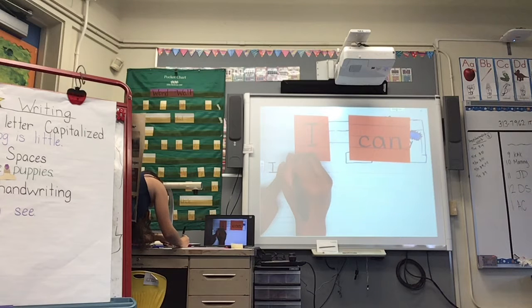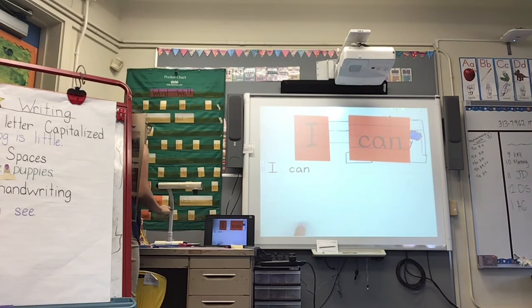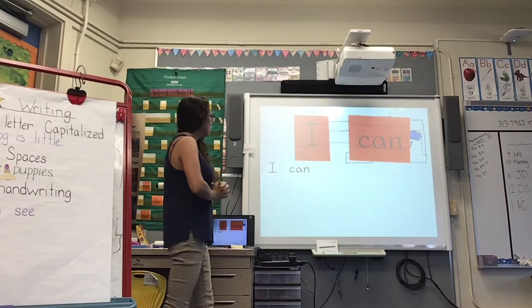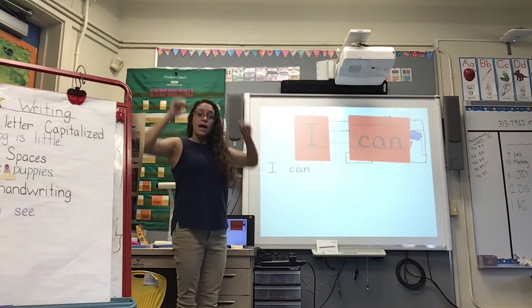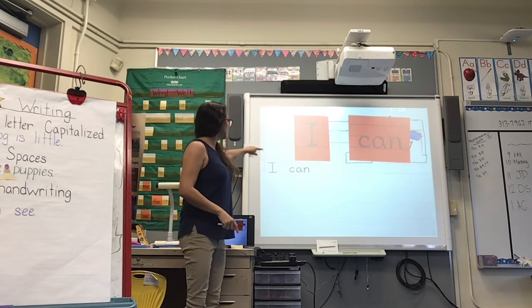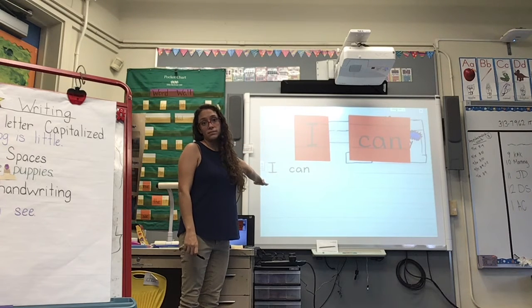Making sure my words are nice and neat. My letters are nice and neat. Slow and steady wins the race. I can. So I made sure that my first letter of my sentence was a big letter, and I wrote it neatly. It touches the top line and the bottom line.